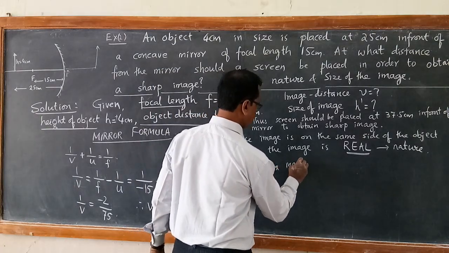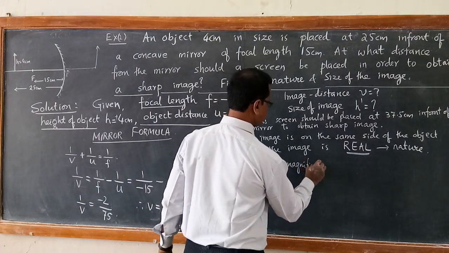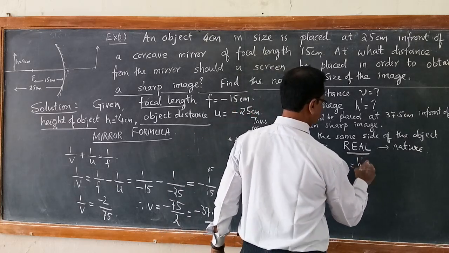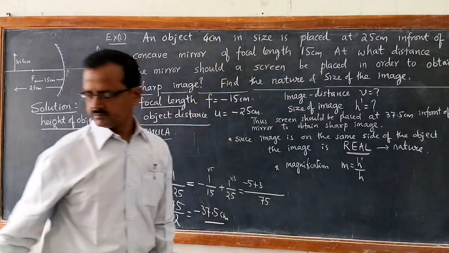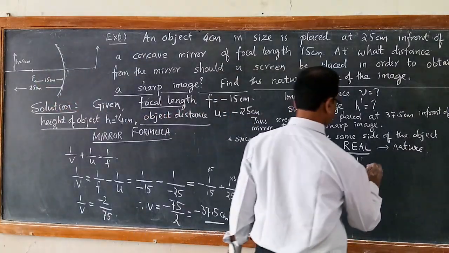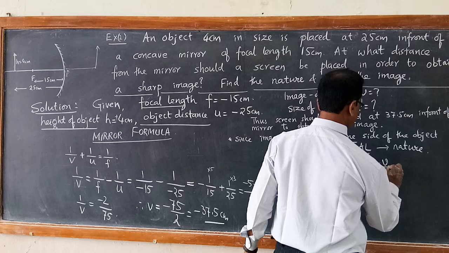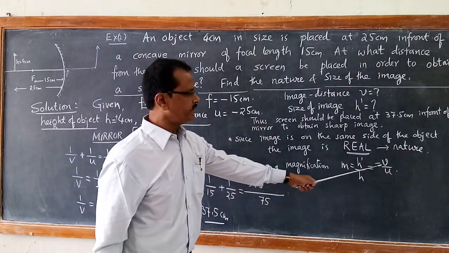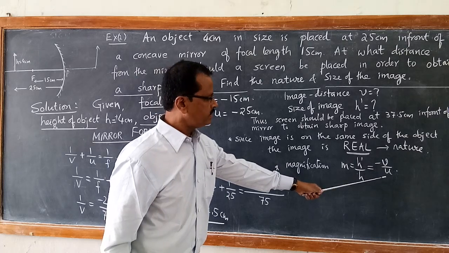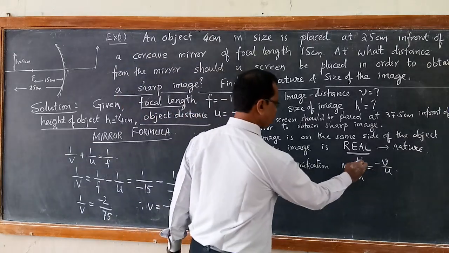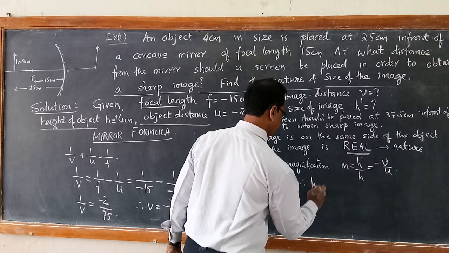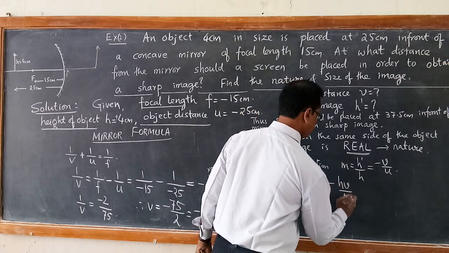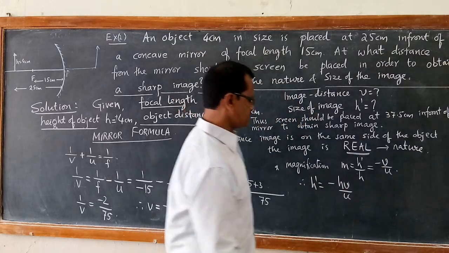Magnification. Using the equation for magnification, m is equal to h dash by h, which implies minus v by u. Here h is given, v is known, and u is also known. Therefore, we can calculate h dash. h dash is equal to minus hv by u.